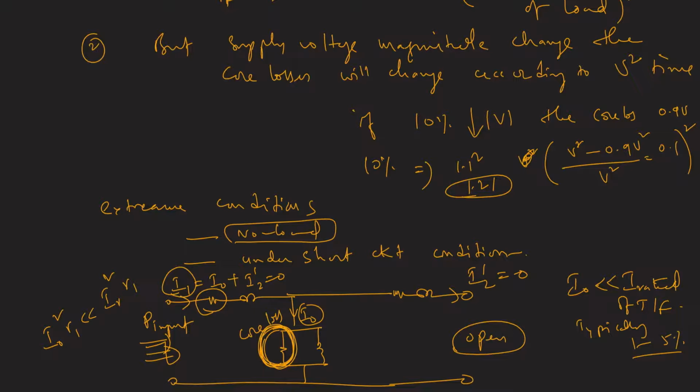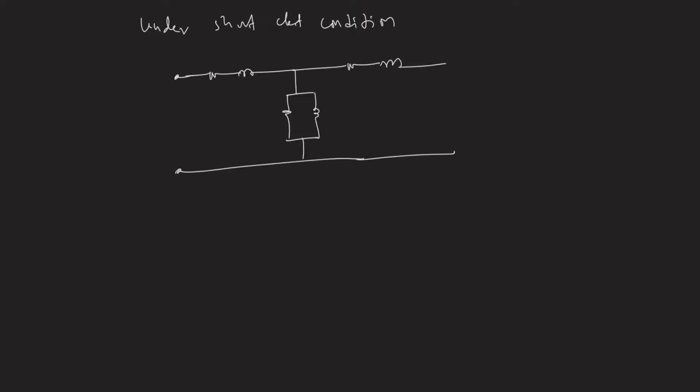Now the other thing is the short circuit condition, right? Here the primary is fed with the supply voltage, but the secondary is short circuited.